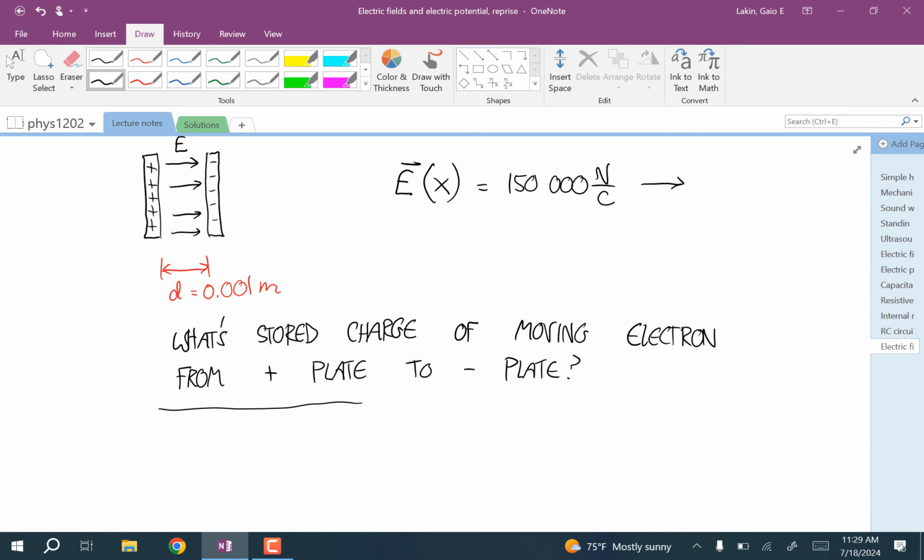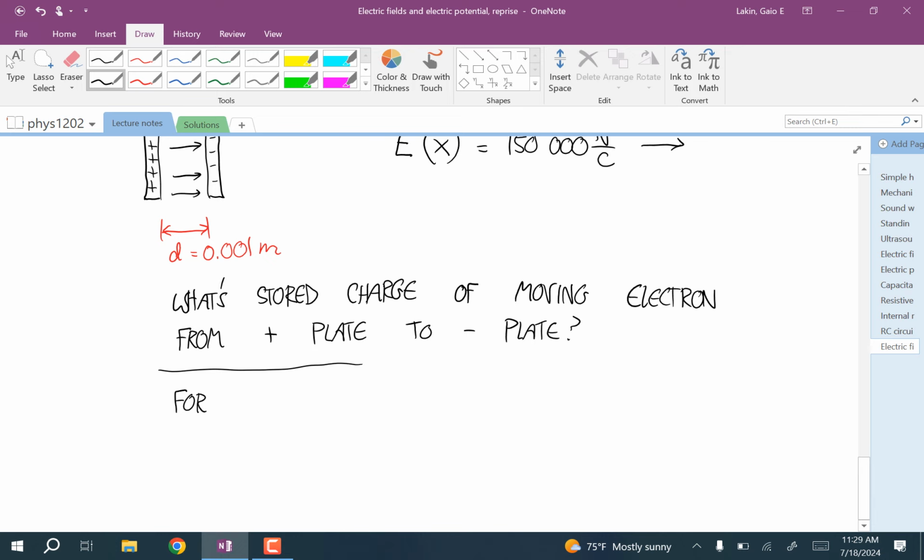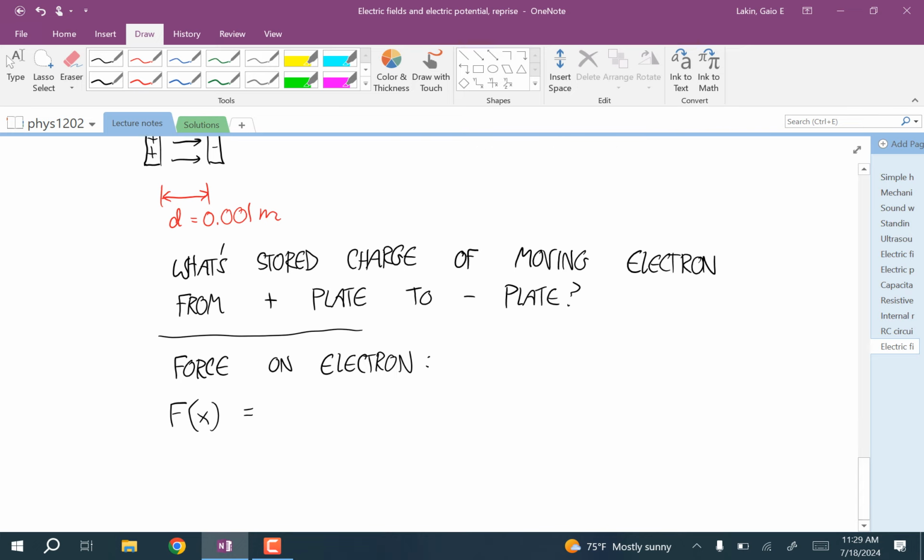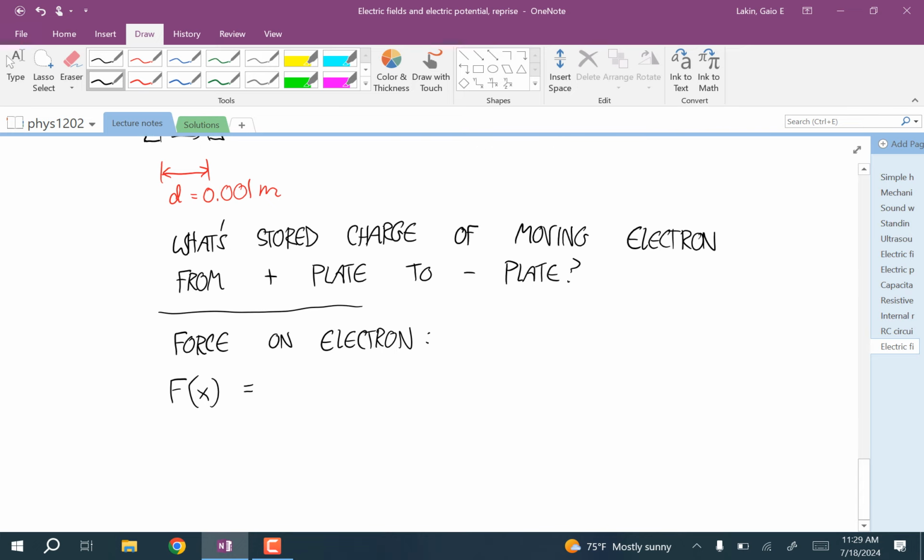So the force on an electron that's in this field is a positive 150,000. It's positive because it's moving to the right.